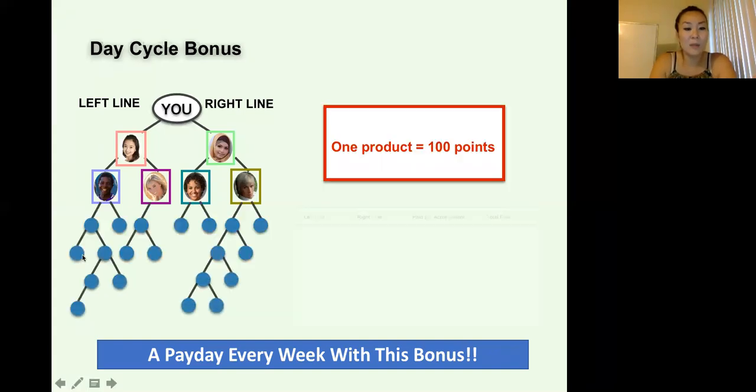So let's see, like this. It doesn't matter where the people, members or customers, are placed. It just matters how many products are produced from your right group and left group in total.